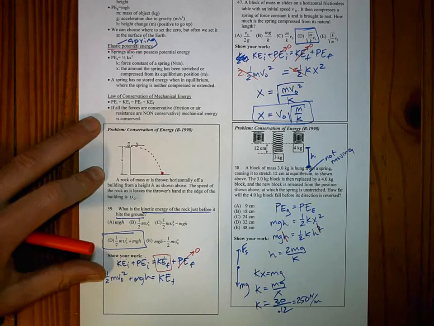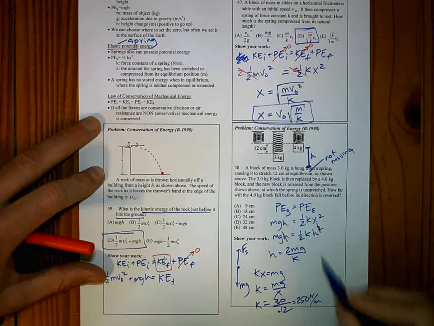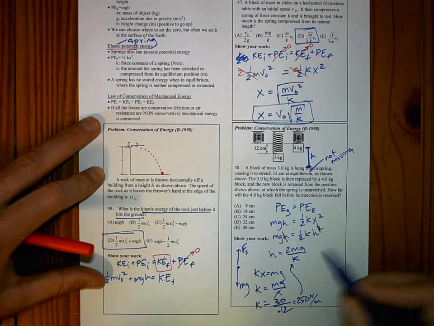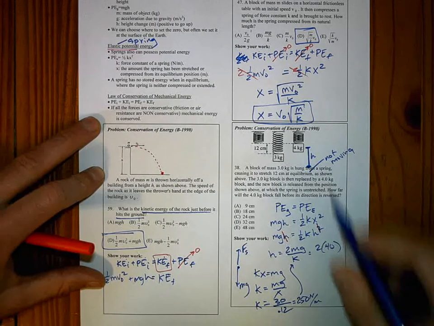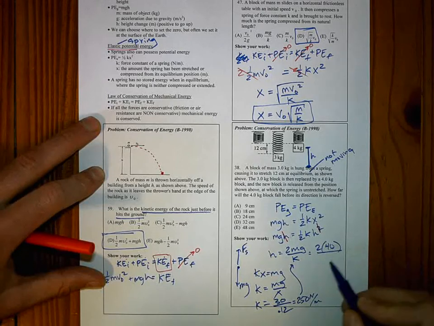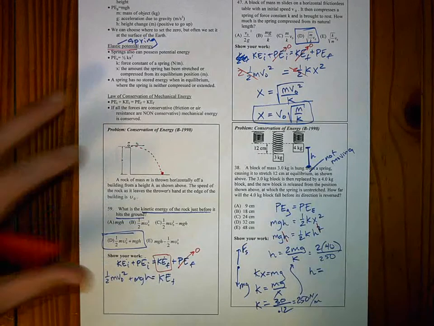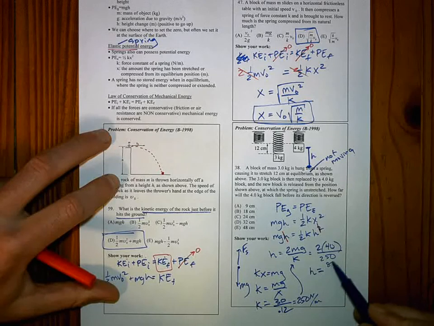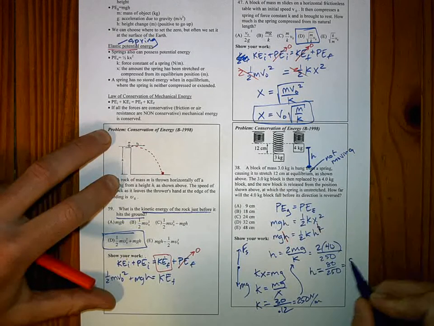So I'm going to use that over here, and I'm going to now plug this in for k. So the height is 2 times 40, this mass, over 250. That gives us 80 over 250, which is 8 over 25.